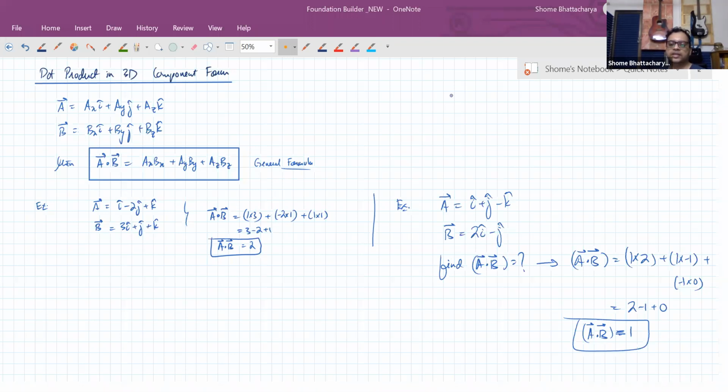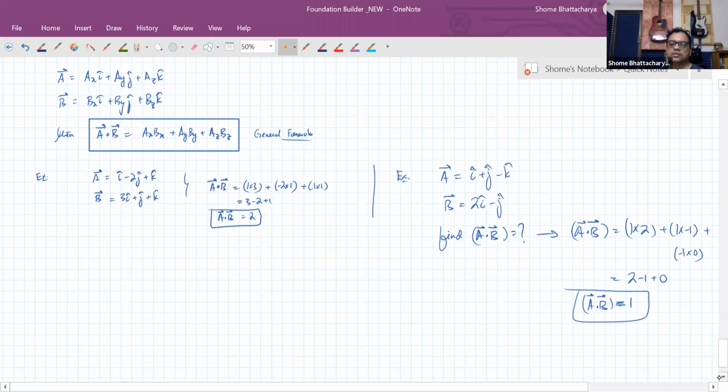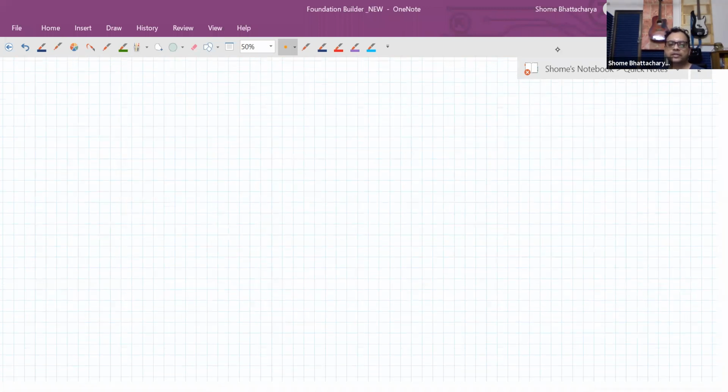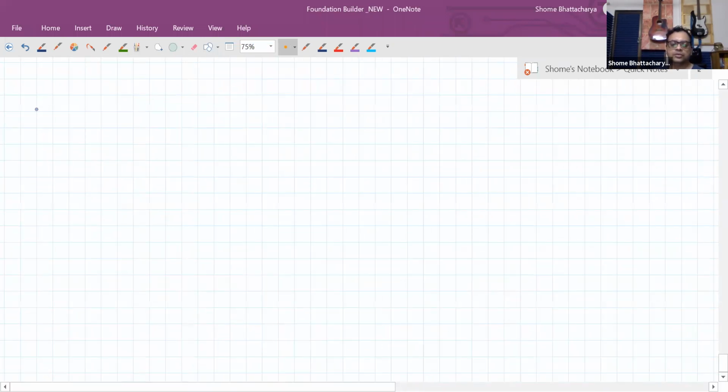Now next thing we'll see, dot product can be used to find the angle between two vectors. Just have to be careful with all these things, including algebraic sign.